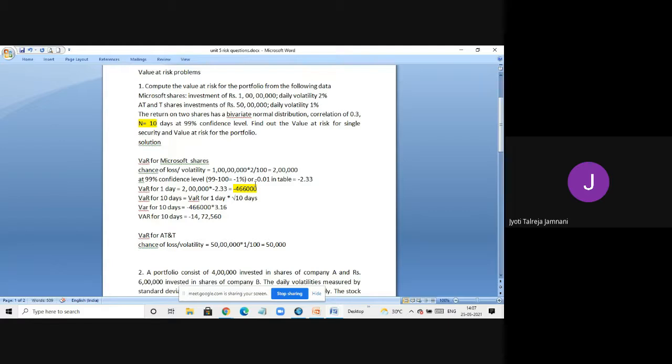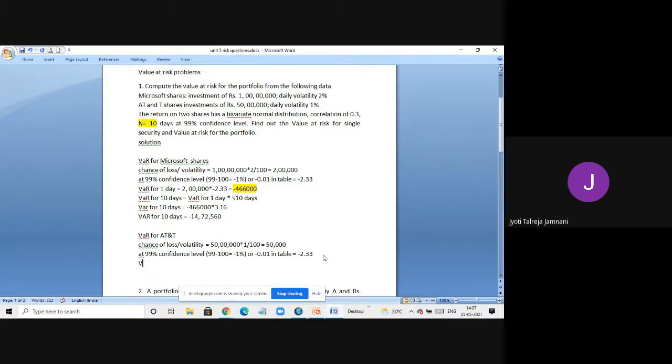Again, 99% confidence level. So the same thing I'll repeat at 99% confidence level: 100 minus 99, 1 percentile. What is the loss? So 1 percentile in the table is 2.33.